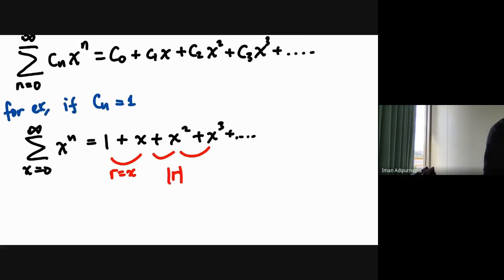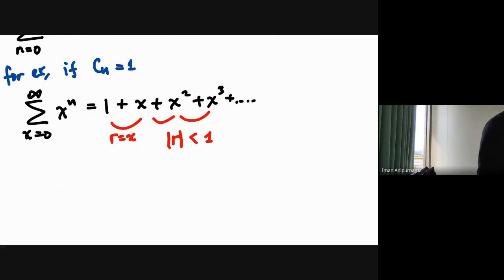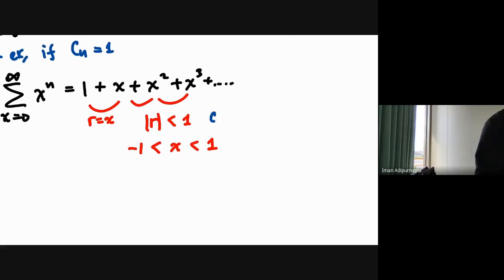And the convergence is when the ratio is less than 1, or we can say that x is in between -1 and +1. So this converges, and the other case is x greater than or equal to 1.